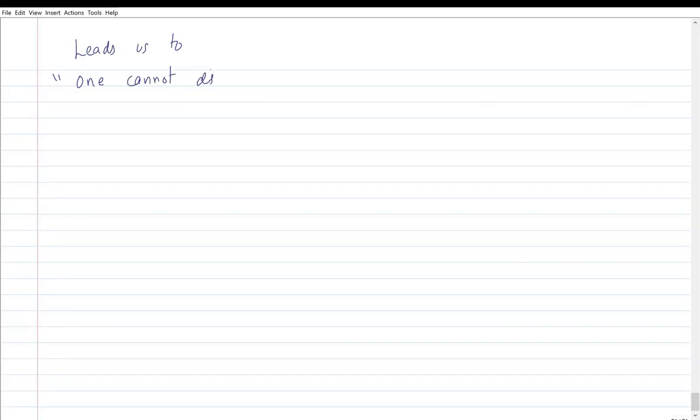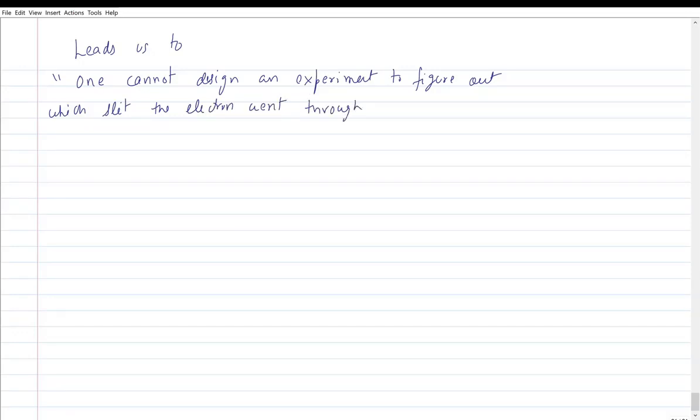One cannot design an experiment to figure out which slit the electron went through and preserve the interference pattern at the same time.